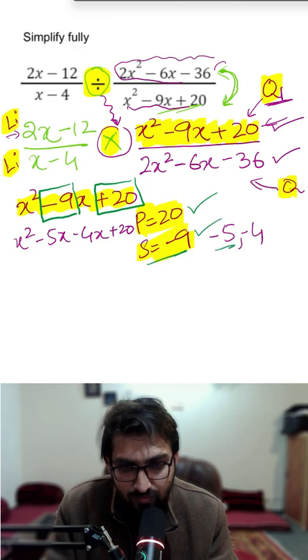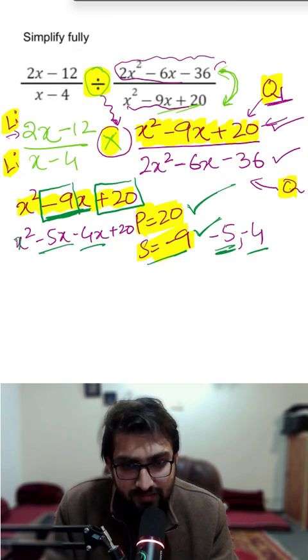So minus 5 and minus 4 are these two numbers. When we multiply them, we will get plus 20, and when we add them, we will get minus 9. So let's put minus 5 and minus 4 here in place of minus 9x. I will remove that, and in place of that I will write x square minus 5x minus 4x plus 20. By the way, this is the factorization method.